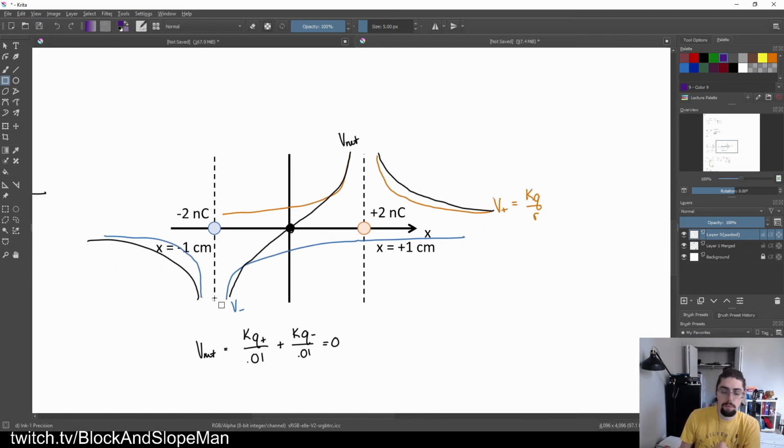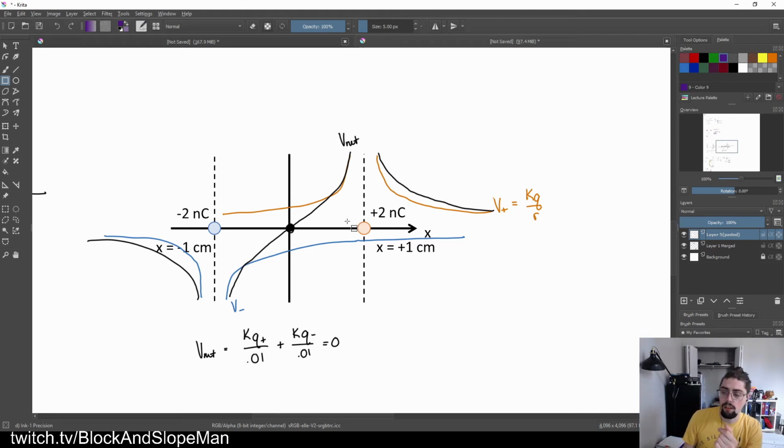For the negative charge, because it's got a negative sign in it, it'll start at negative infinity and slowly go to 0 as I get farther and farther away. In the middle here, because they're equal charges, I'm going to see essentially the same magnitude, but flipped over.